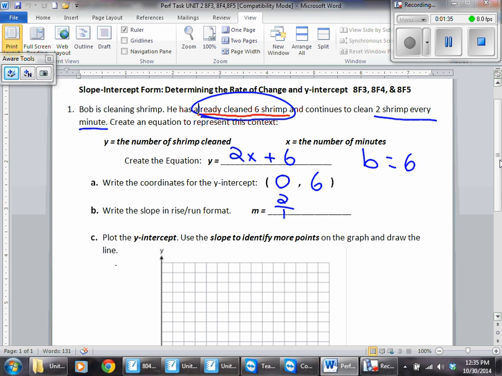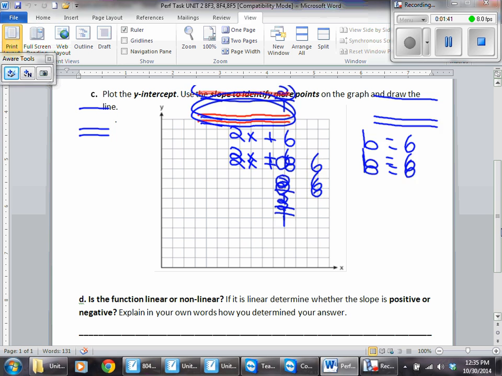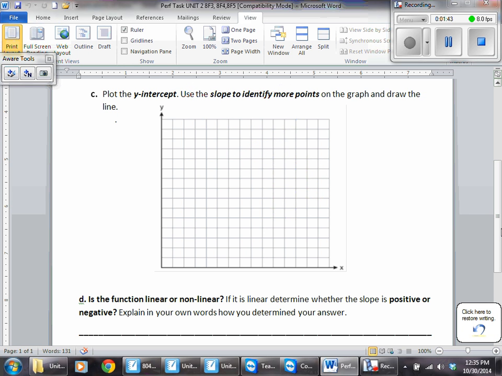Now we need to plot this. So I go to my graph. All right, we're on the graph. Plot the y-intercept. So the equation was y equals 2x plus 6. So we need to make a title. Maybe we'll call it cleaning shrimp.